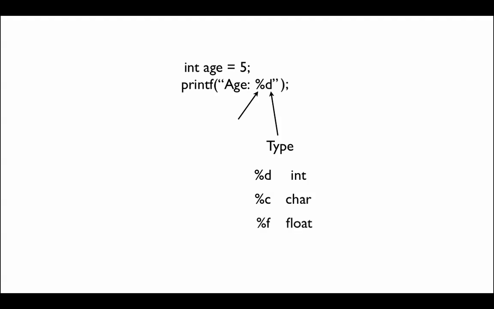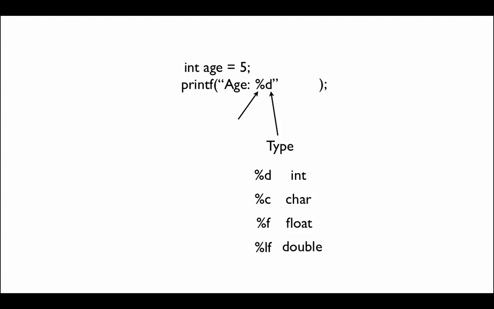Then we have our float, which is %f, which makes a lot of sense because F is for float. Then we have double, which is %lf, which actually means long float, because technically a double is a long float, which means it's a float, but it has more space in it because it's more precise. So those are the placeholders you have to use to tell printf that there's supposed to be a variable.